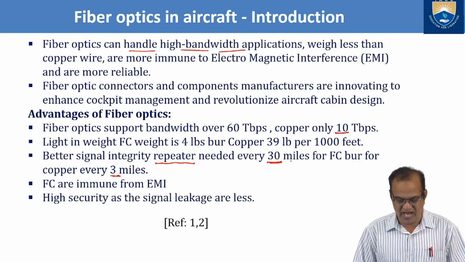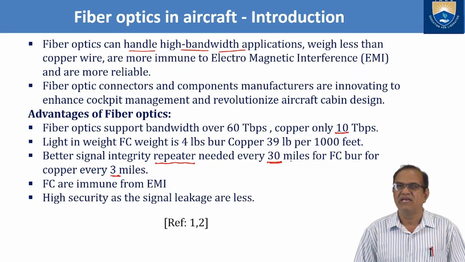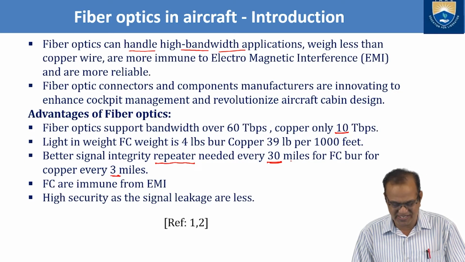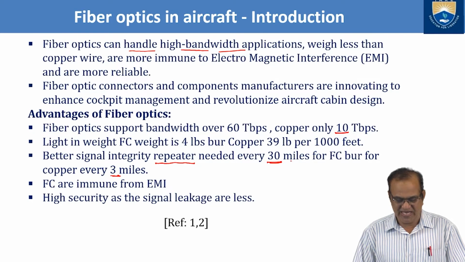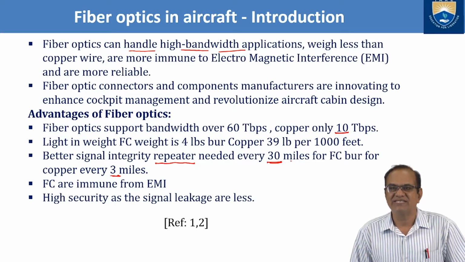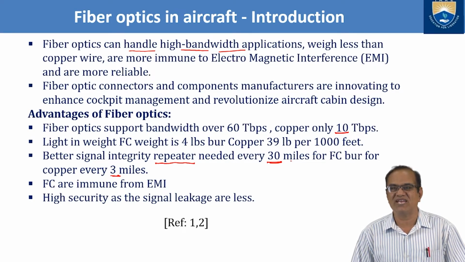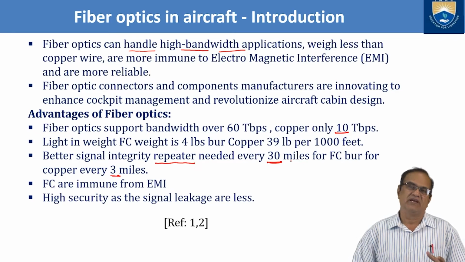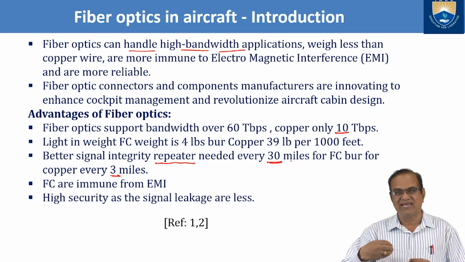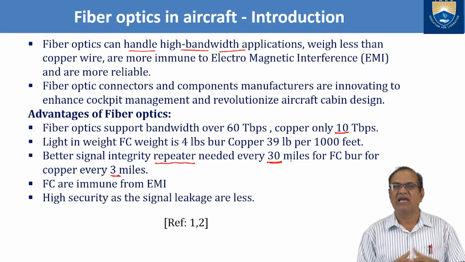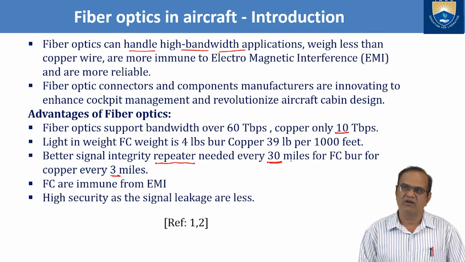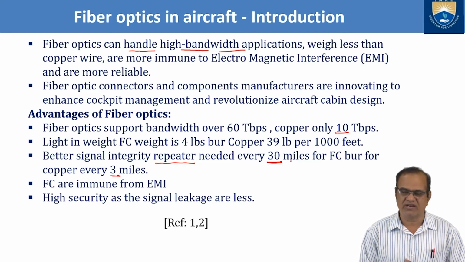Fiber cables are immune from EMI, that is electromagnetic interference. Just now I have explained, and they also offer very high security as the signal leakage is very low. The interference or emission of signal from fiber cables is very low compared to copper cable or aluminum or other material.